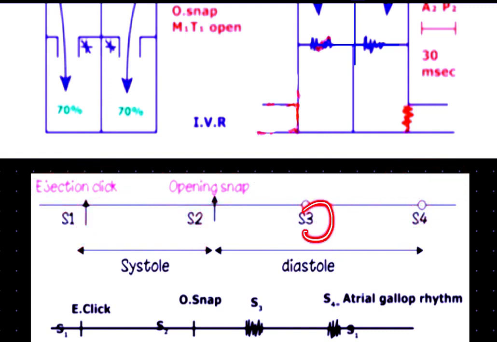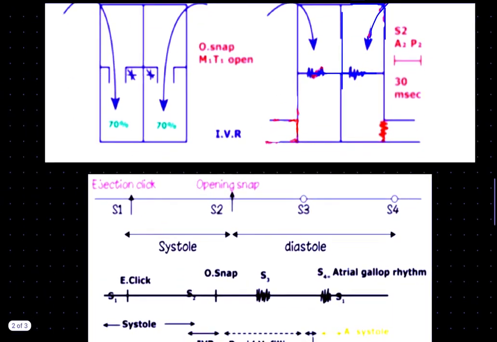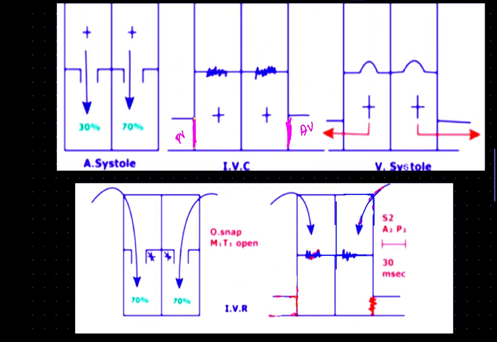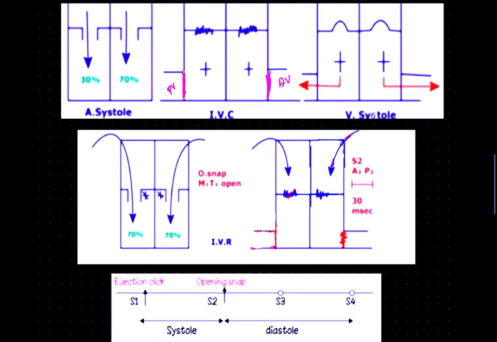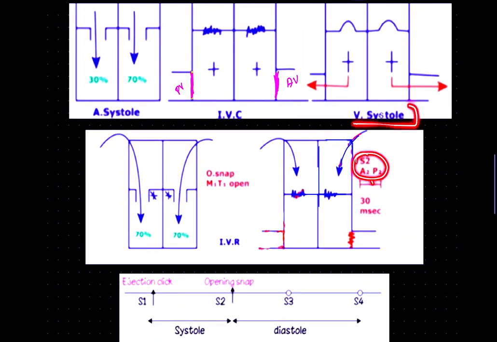Now talking about S3. We have mentioned S3 after S2, just after the opening snap. S2 is the phase after ventricular systole, that means after the contraction of the ventricles, there is S3.